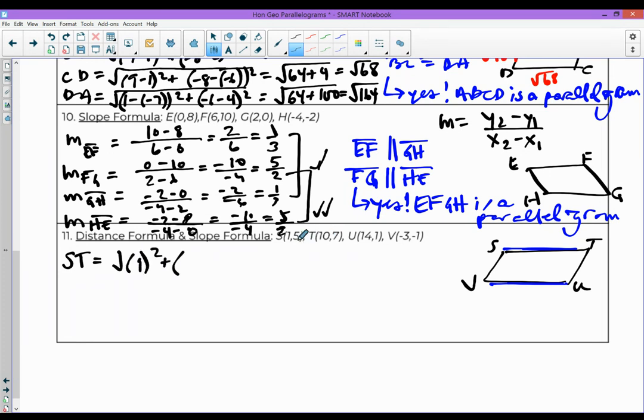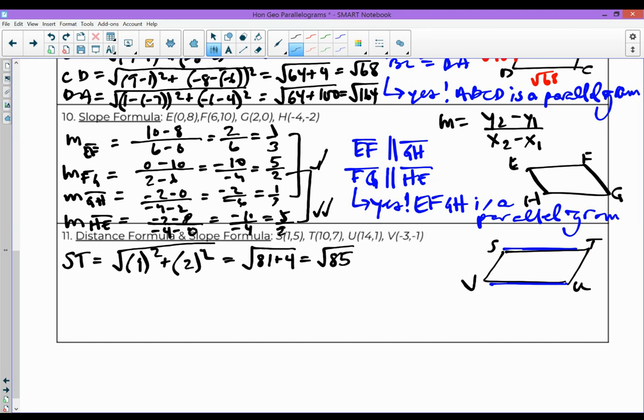Difference in my y's, 5 and 7, are 2 apart. So that's the square root of 81 plus 4, square root of 85.